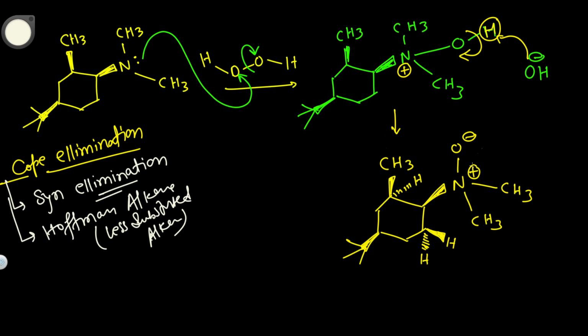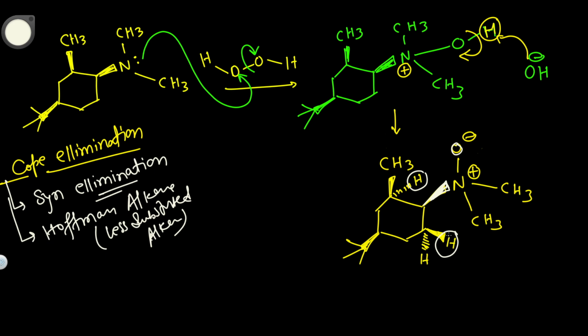So that's why you can see this O minus, this whole bond is above the plane, right? And this hydrogen is going below the plane, but this hydrogen is in the same plane, it is syn with this bond.